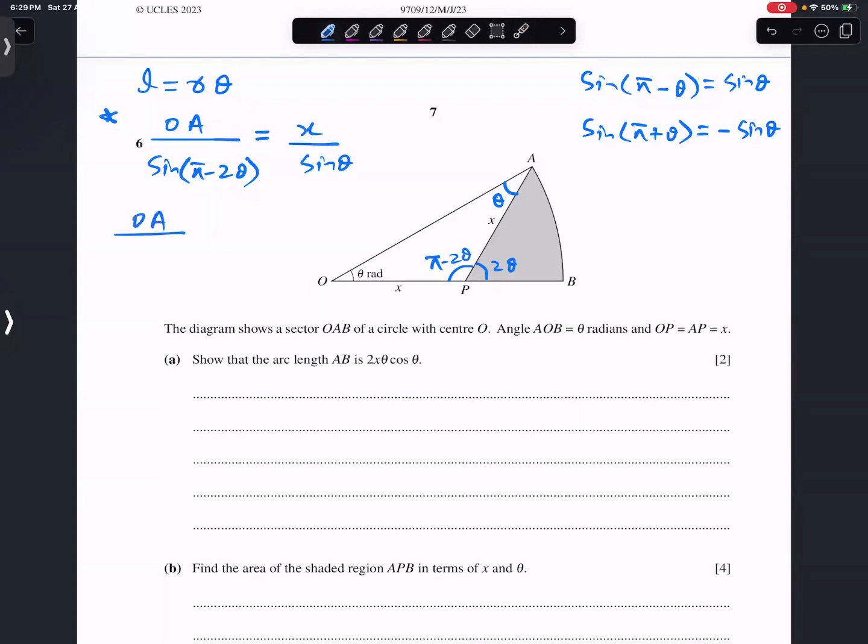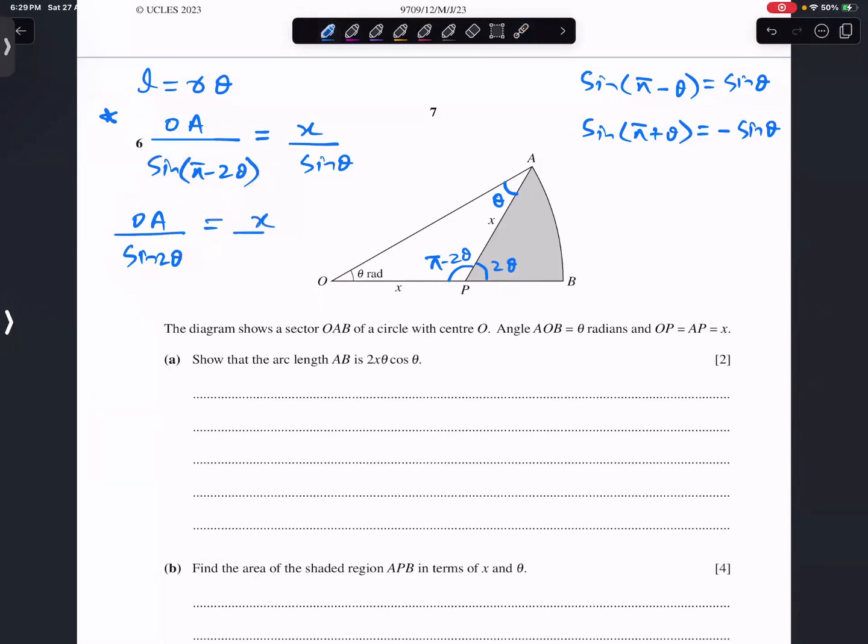OA over sine 2 theta by using that concept, like pi minus any angle will be sine of that angle. So if we have sine pi minus 2 theta, so this will be sine 2 theta, okay? But if you know the formula of A2 mathematics P3, then you can use the compound angle and it's very easy to reach here, okay?